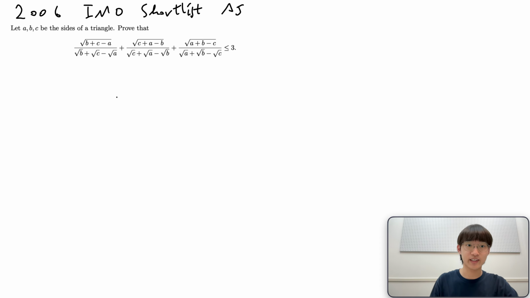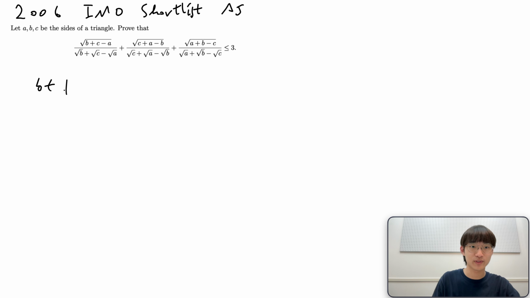Now, the first thing that came to my mind is, oh, this inequality is homogeneous. Because even if we scale them, let's take a look at this term. Let's scale them by t.